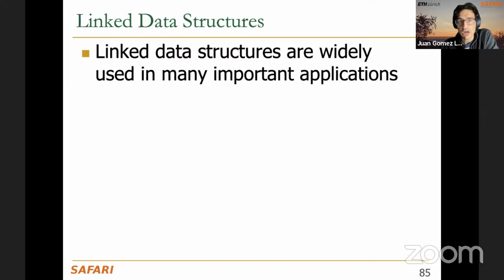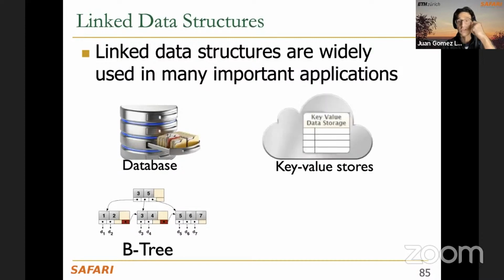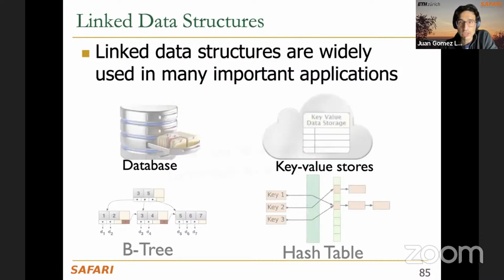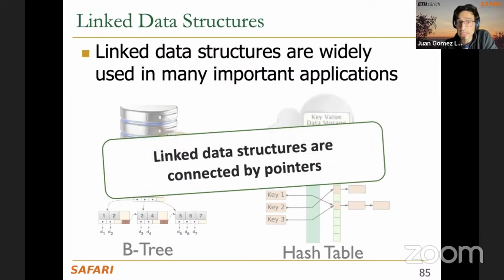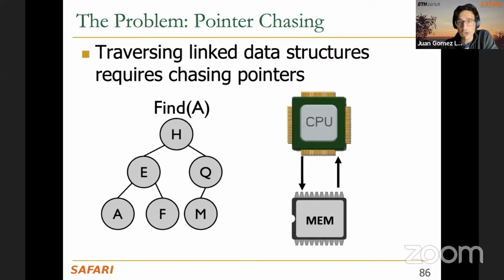Linked data structures are widely used in many important applications, like, for example, databases, B-trees, key value stores, hash tables, and so on. And these linked data structures are connected by pointers. So traversing these linked data structures requires chasing pointers. And here you have an example of what needs to be done by a CPU when it needs to traverse a linked data structure.